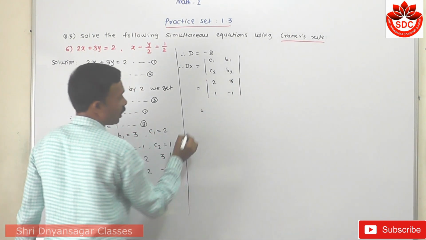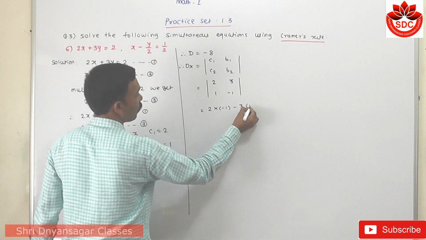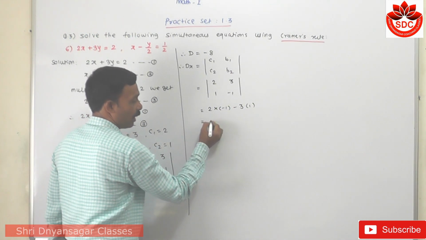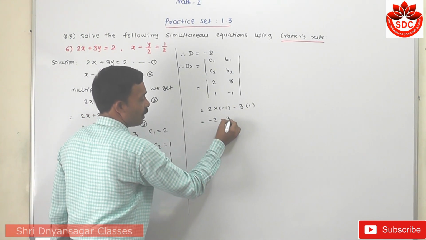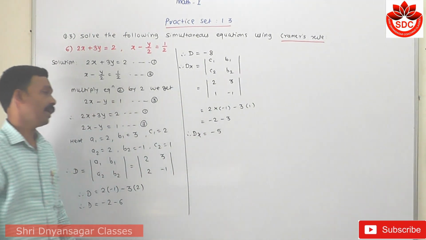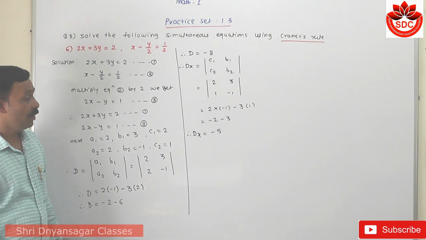Okay, then by cross product, 2 into minus 1 minus 3 into 1. Then 2 into minus 1 is minus 2 and this becomes minus 3. Therefore the value of determinant of x is equals to how much? Minus 5.